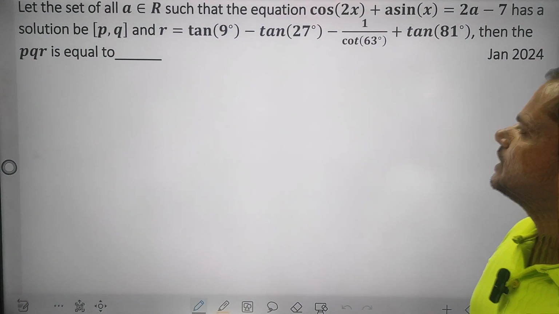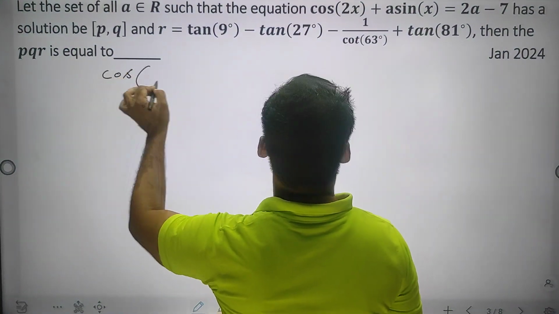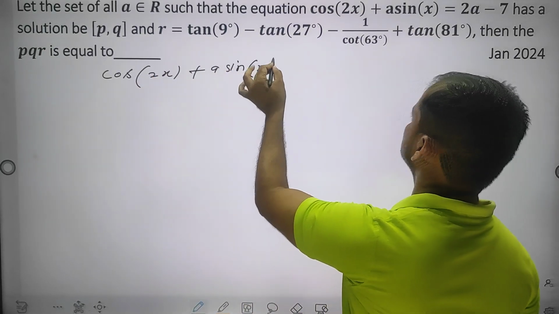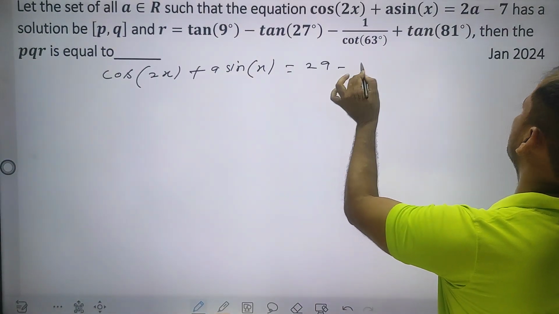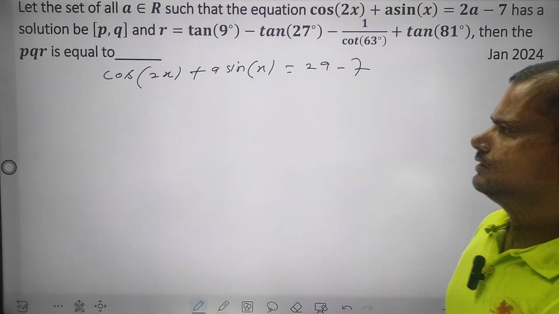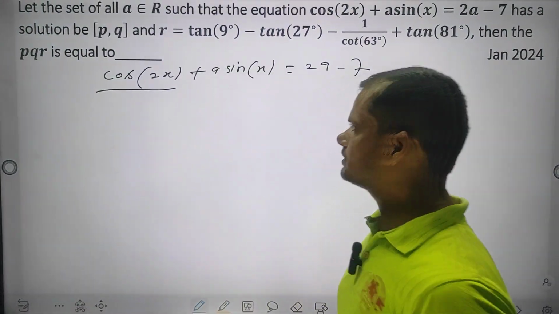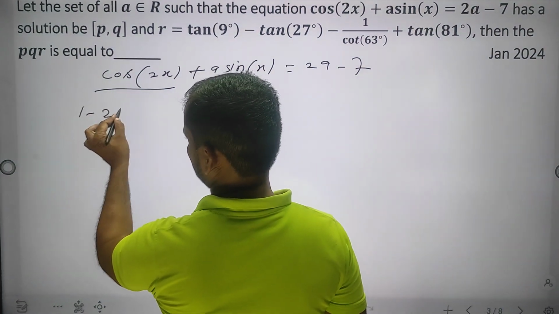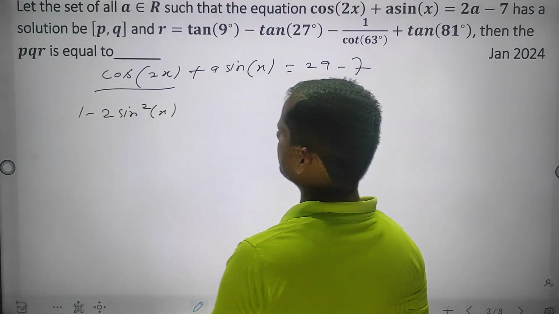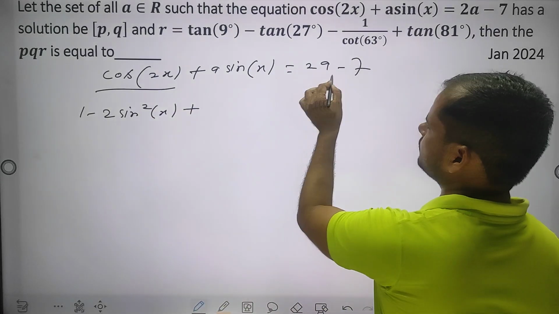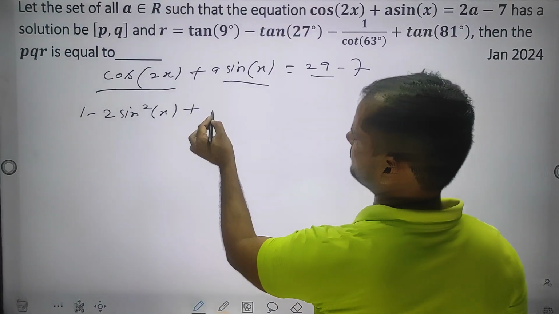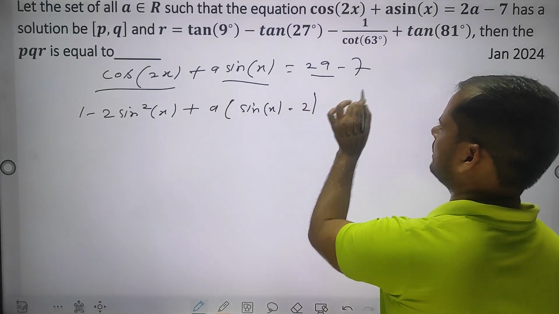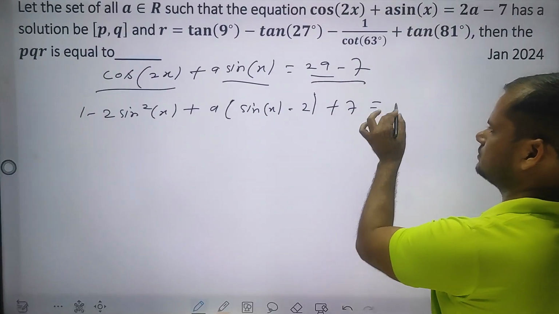Now we have the equation cos 2x plus a sin x equals 2a minus 7. We have the formula cos 2x equals 1 minus 2 sin square x, so this will be 1 minus 2 sin square x plus a into (sin x minus 2) plus 7 equal to 0.